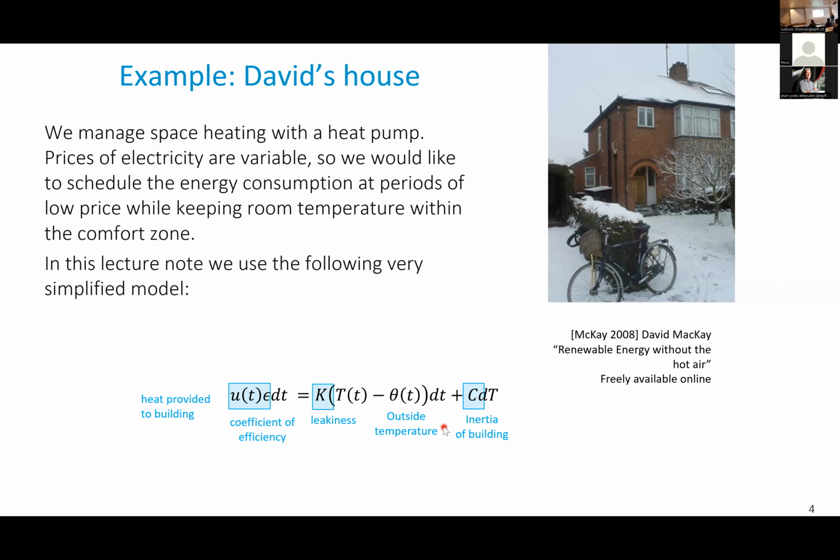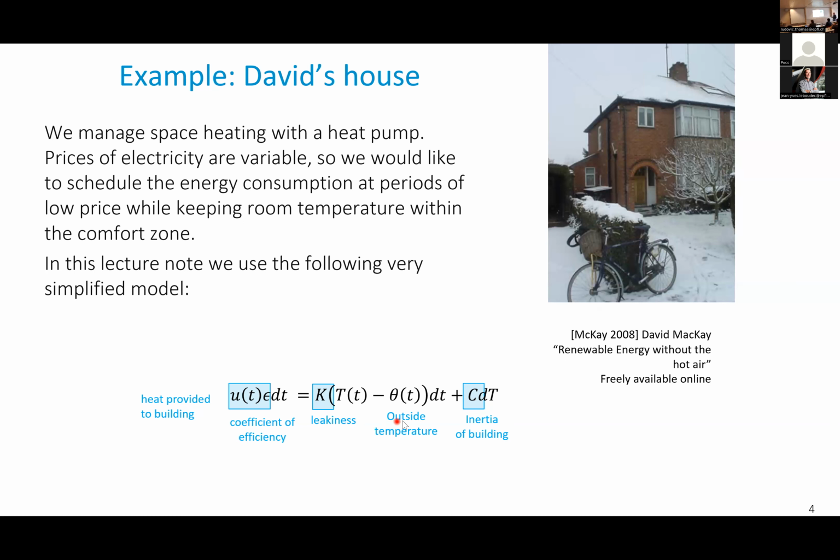So that's this coefficient here, C dT, and the coefficient is called the inertia of the building. If you have a building that has big, thick stone walls, then you need a lot of energy to increase the temperature, because you need to heat up all those big stone walls, big stones, right? So you need a lot of energy to increase the temperature. So that's the inertia.